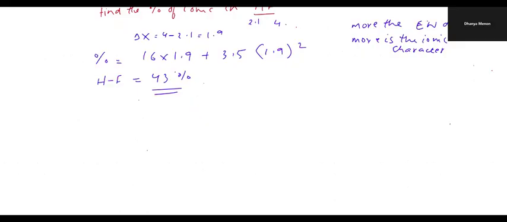The next one is the bond strength. Bond, how strong is the bond? Bond strength is directly proportional to electronegativity difference. Okay, so more the electronegativity difference, more is the strength.